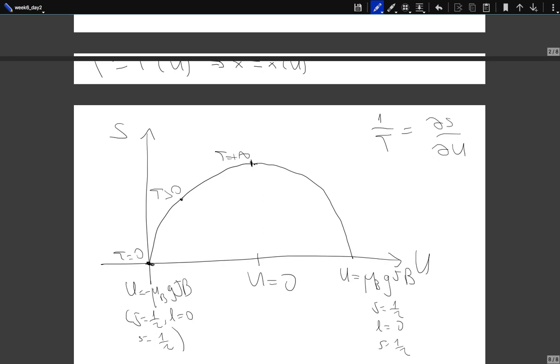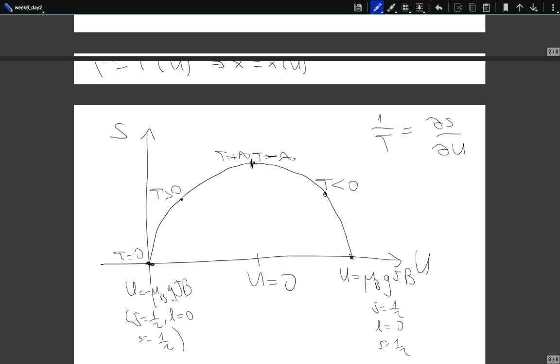That means just slightly to the right of the point U equal to 0, on the right hand side, T is actually minus infinite, because 1 over T is negative, almost 0, let's say, minus an infinitesimal number. So T is minus infinite. At this point, entropy is decreasing, the derivative is negative, so temperature is negative.